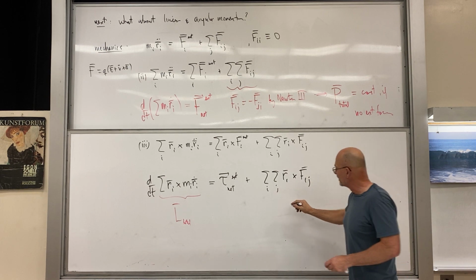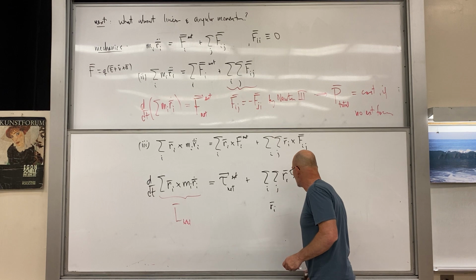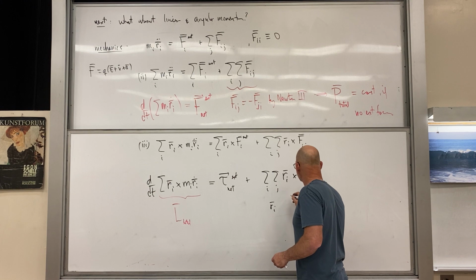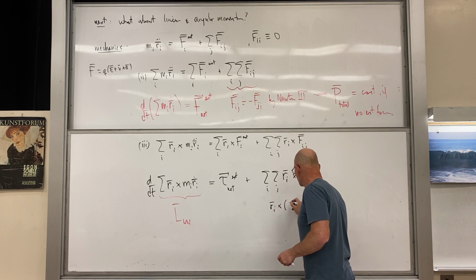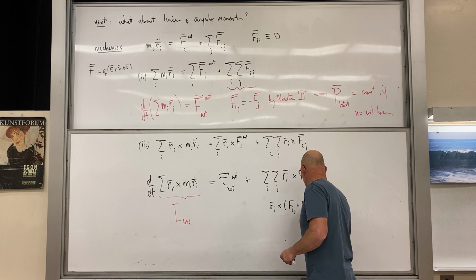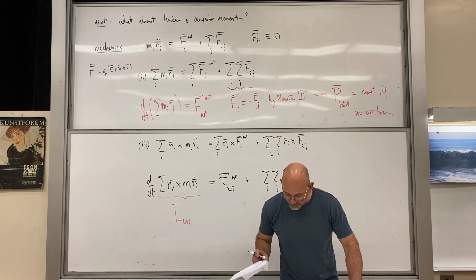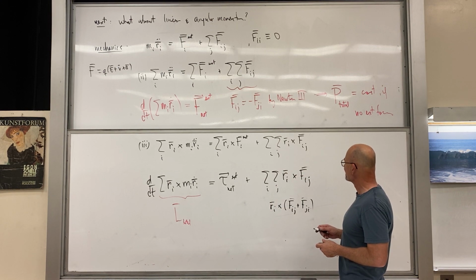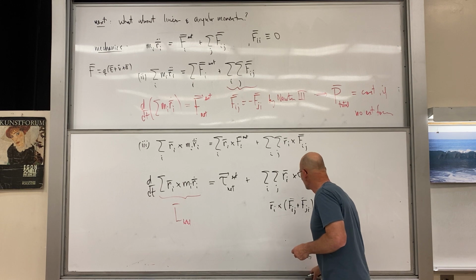What we have with those pairs is r sub i cross F_ij plus r sub j cross F_ji.